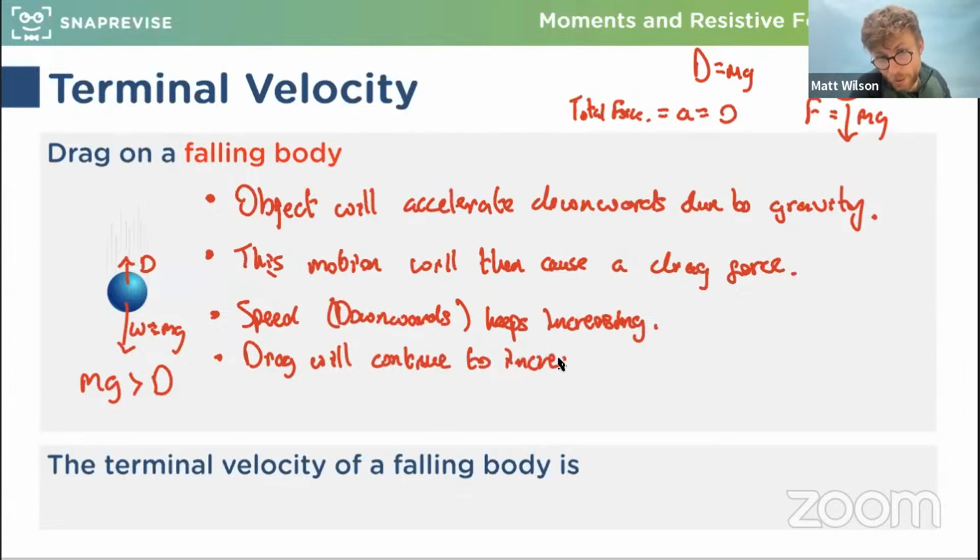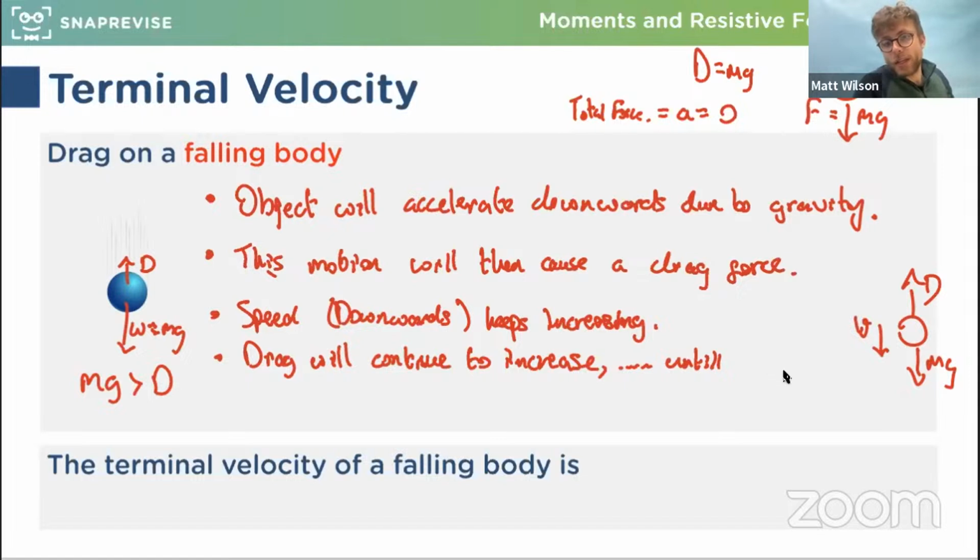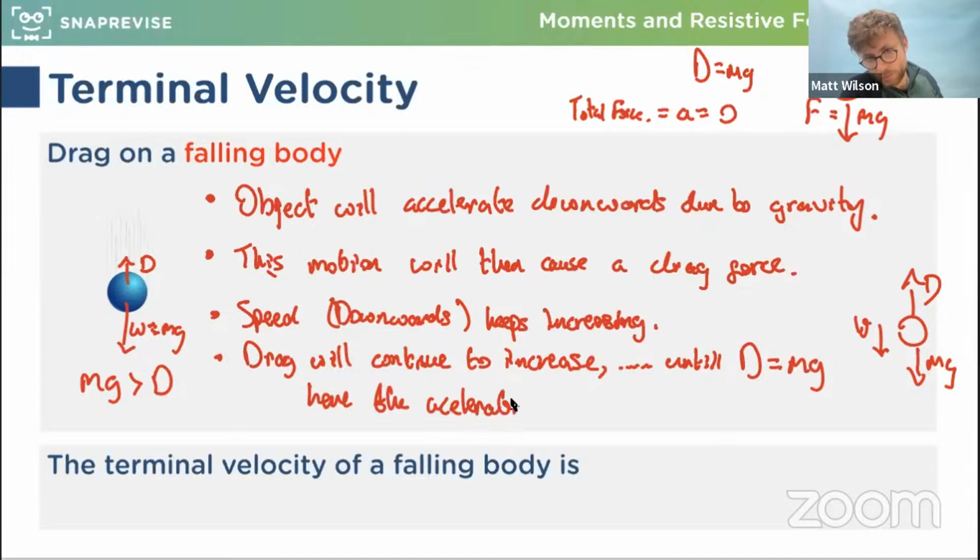This is going to keep on going until, well, there's going to be a breaking point here. Eventually, we're going to be in a situation where the drag is as big as the weight. We're moving so fast that the drag is as big as the weight. So in this case, until the drag equals the weight, here the acceleration will then become 0.